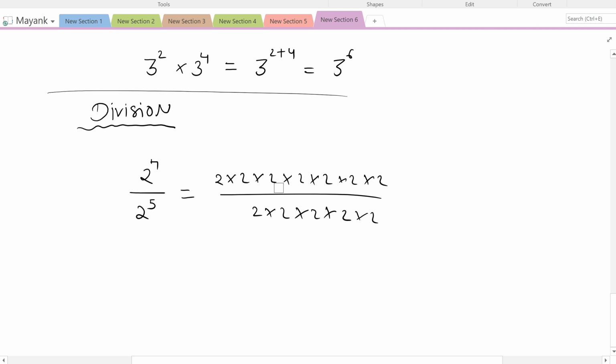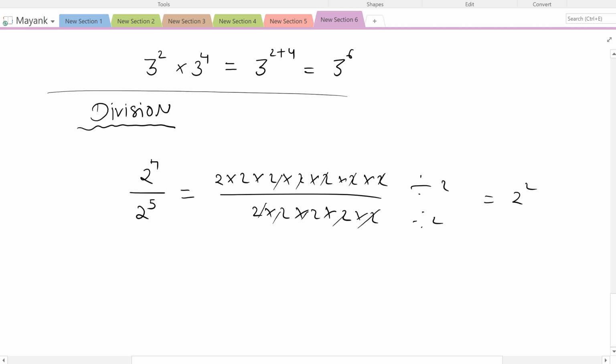Now you can cancel the numbers. If you divide top and bottom by 2, we get rid of one 2. Keep doing it until they all cancel, and your answer is going to be 2 powered by 2.